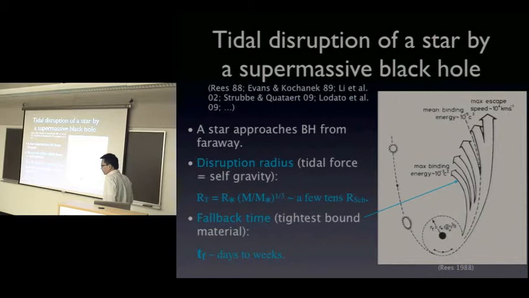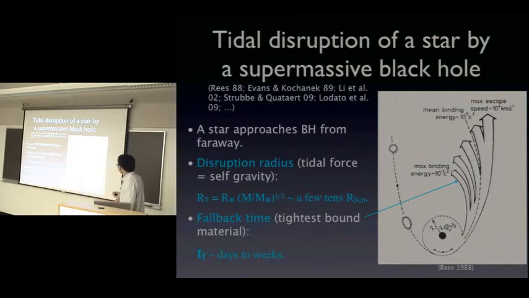So the picture is the following. When the star wanders from far away to very close to the black hole, the tidal force from the black hole is going to exceed the self-gravity of the star. Then the star is going to be disrupted. About half of the stellar material is going to be unbound and ejected away.